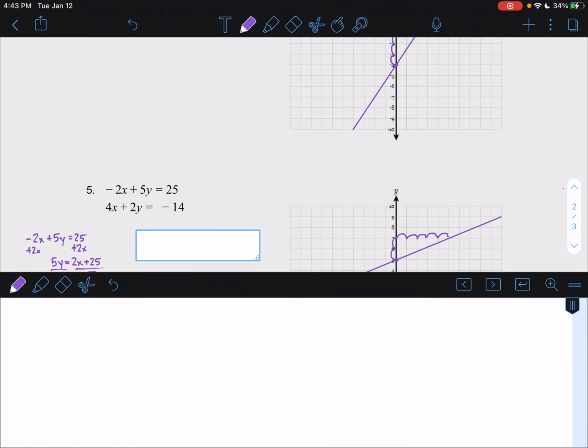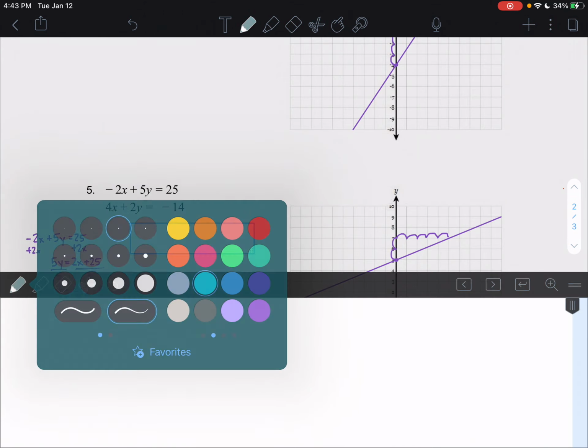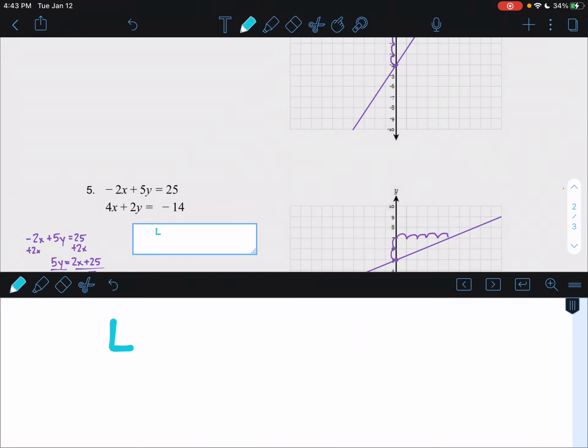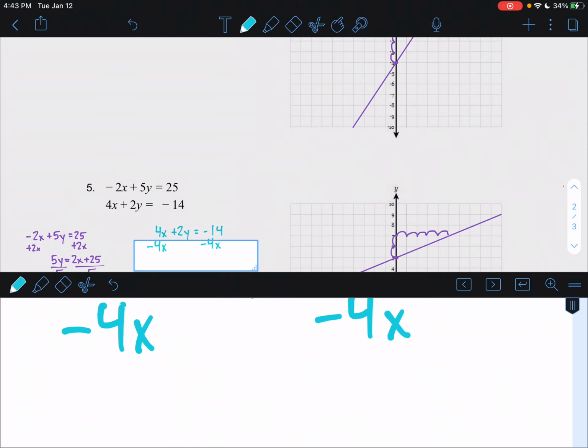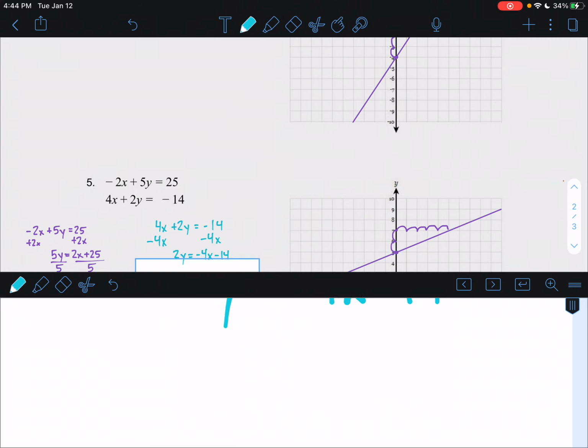Now, I'll do the second line. So 4x plus 2y equals negative 14. I want to get y by itself. I'm going to subtract 4x from both sides. So I have 2y equals negative 4x minus 14.